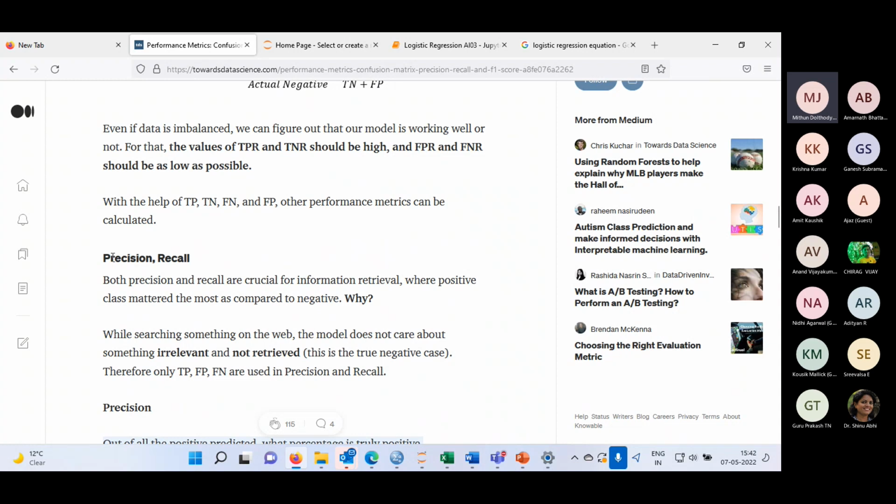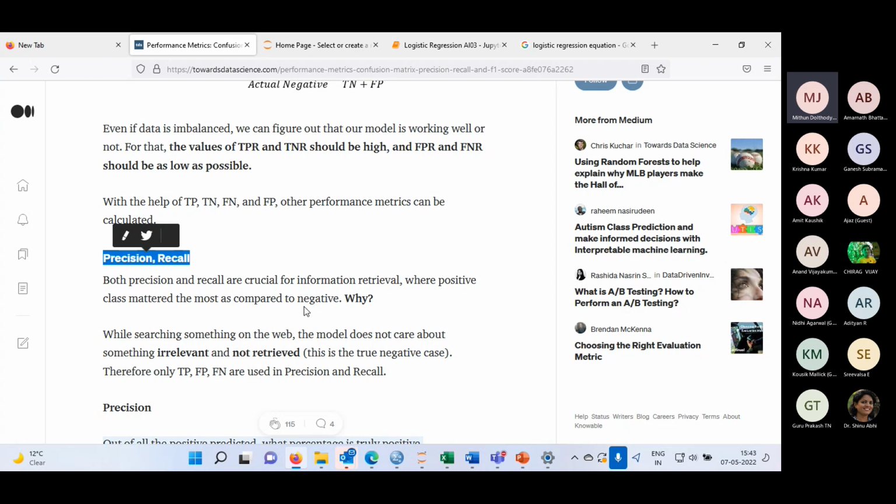But more than this, I would like to draw your attention to how to calculate precision and recall. Please try to understand. Both precision and recall are crucial for information retrieval, where positive classes matter the most compared to negative. In our cases, churners matter more than non-churners. For example, sick patients matter more than healthy patients.